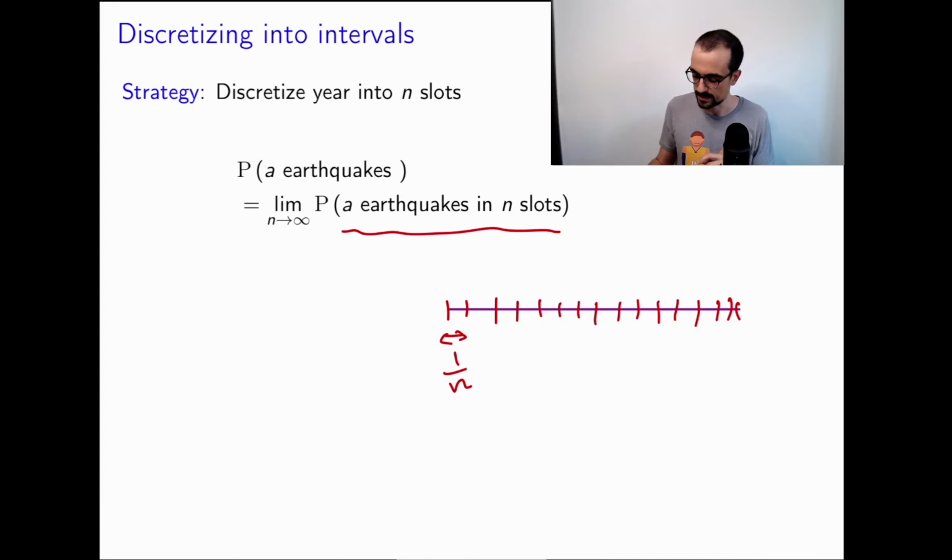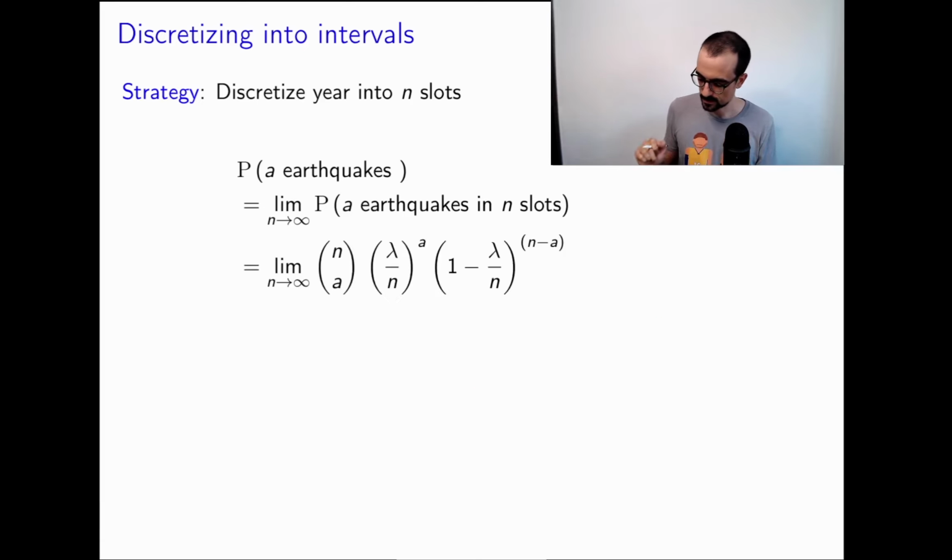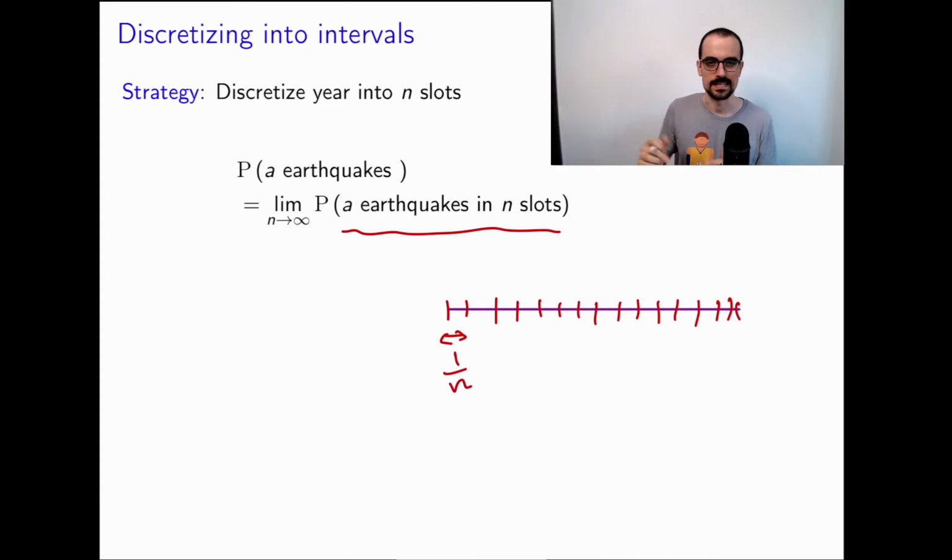We have this discretized year. We're interested in what's the probability that we get A earthquakes. Now we're going to assume that the slots are very, very small.